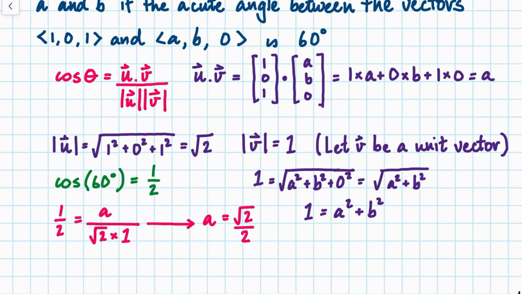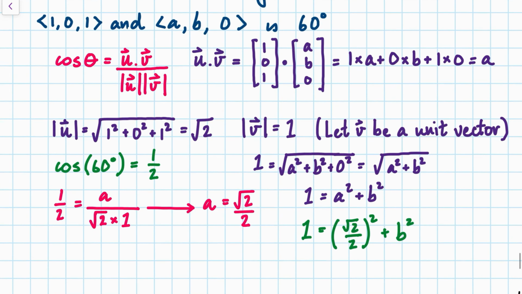So from here, I'm going to substitute in my known value of a. So 1 is equal to root 2 on 2 squared plus b squared. Now, root 2 on 2 squared is 2 over 4, which is 1 over 2.